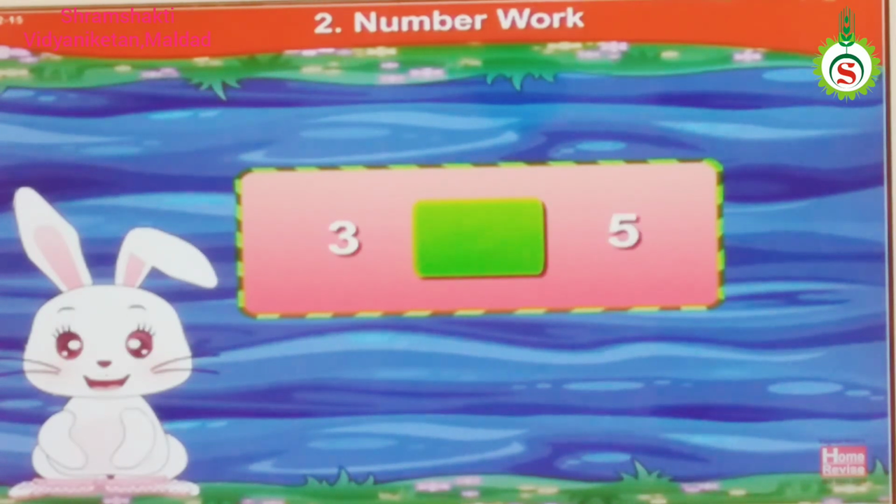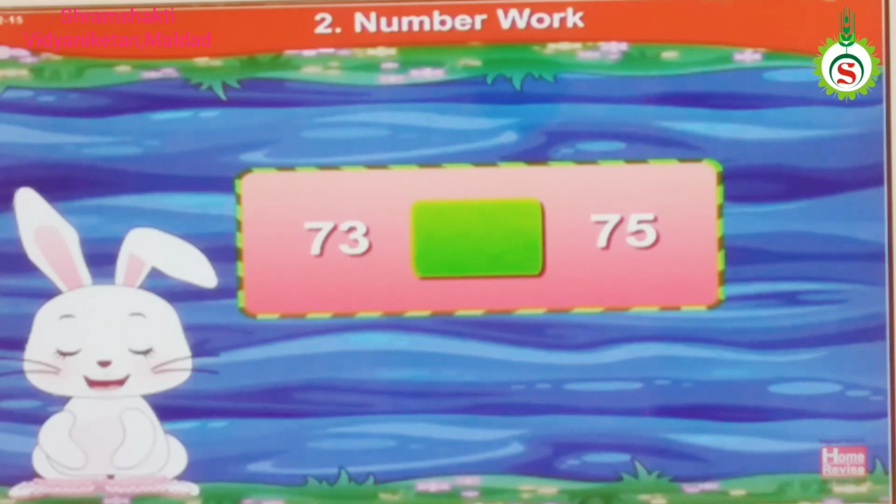3 box 5. Now 3 is smaller than 5. So we will put a symbol of lesser facing 3, which will show that 3 is lesser than 5. 73 box 75. 73 is smaller than 75.